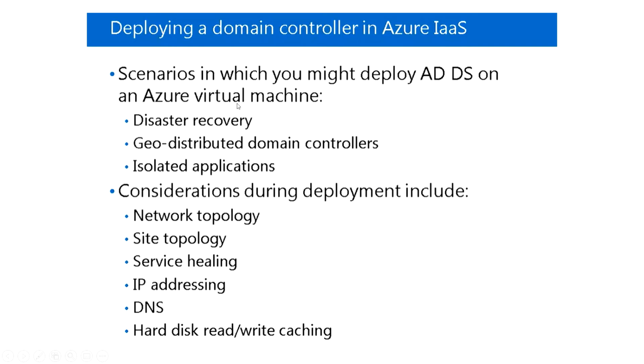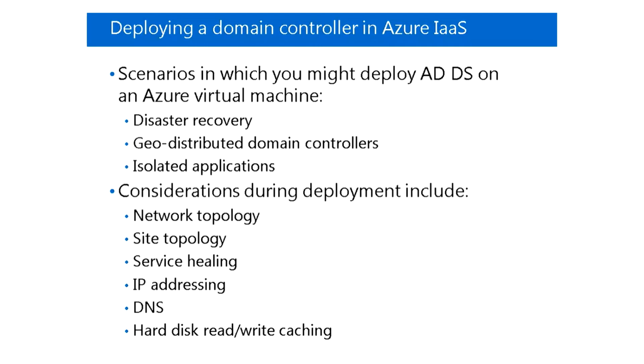And deploying the domain controller in Azure IaaS, which is infrastructure as a service. You can consider some scenarios where you might need to deploy ADDS on an Azure virtual machine under the following conditions. For example, in a DR scenario, which is disaster recovery, you might need a virtual machine or domain controller in a separate location or region.